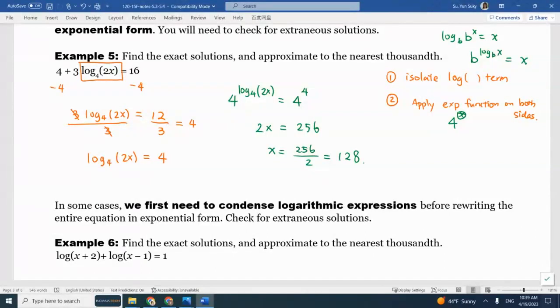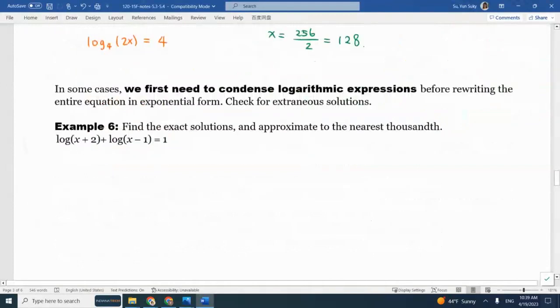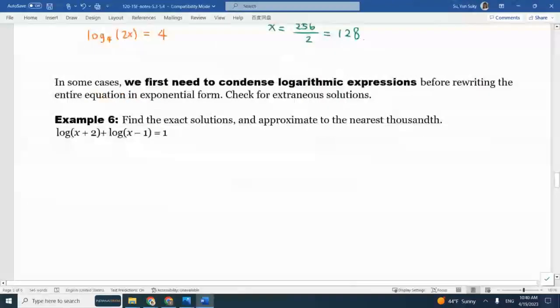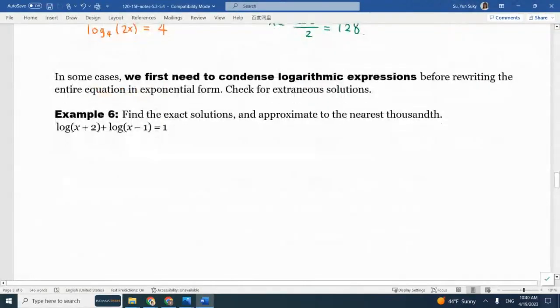That's why our last class is so important. Remember, when you have more log expressions, you can combine into a single log, and if you have a single log, you can expand it to simple log expressions. That's why we can use those here. So condense first when you have more than one log expression.